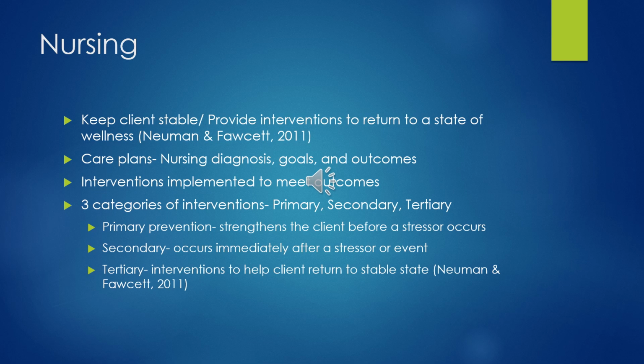Primary prevention strengthens the client before a stressor occurs and strengthens the flexible line of defense. An example of this would be health promotion. Secondary occurs immediately after a stressor or event, and tertiary intervention occurs after immediate care has been rendered and includes interventions to help the client return to a stable state.